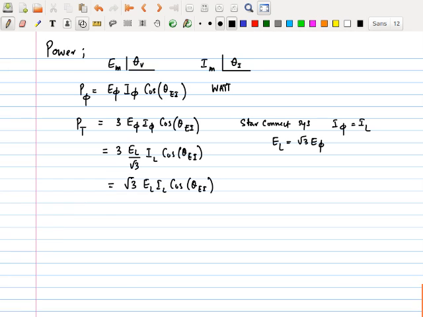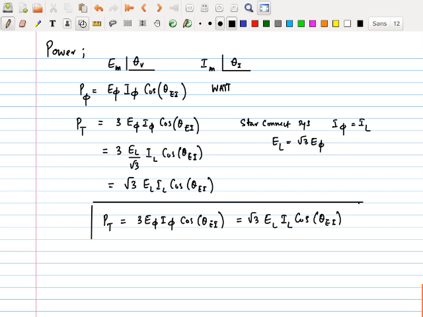This is the next very important equation that you are going to learn, which is exactly equal to root 3 times ELIL of cosine theta between E and I. This is also a very important expression.